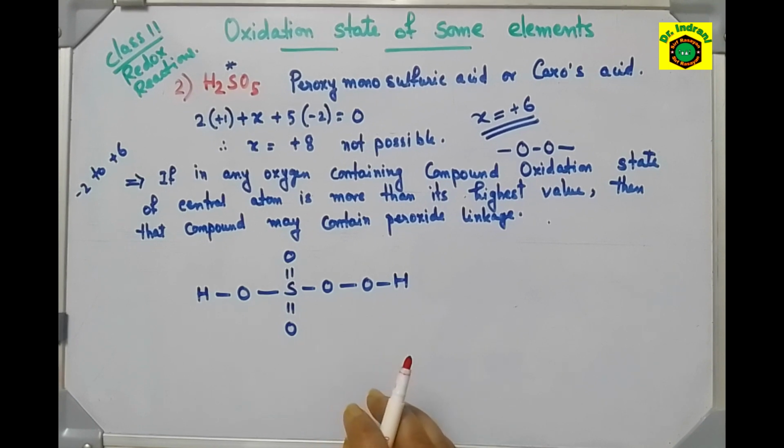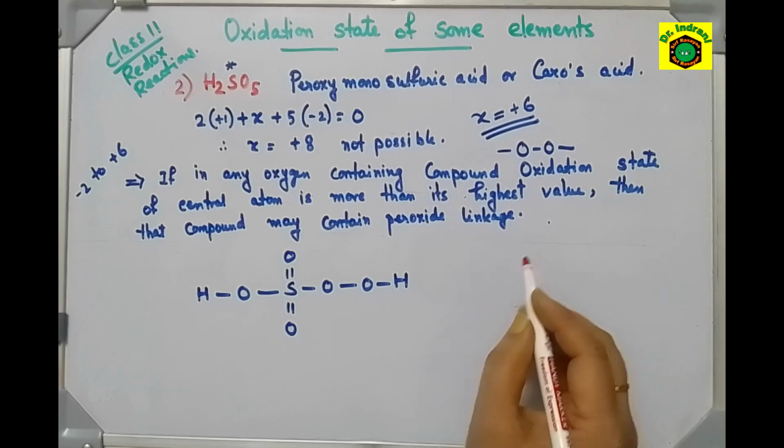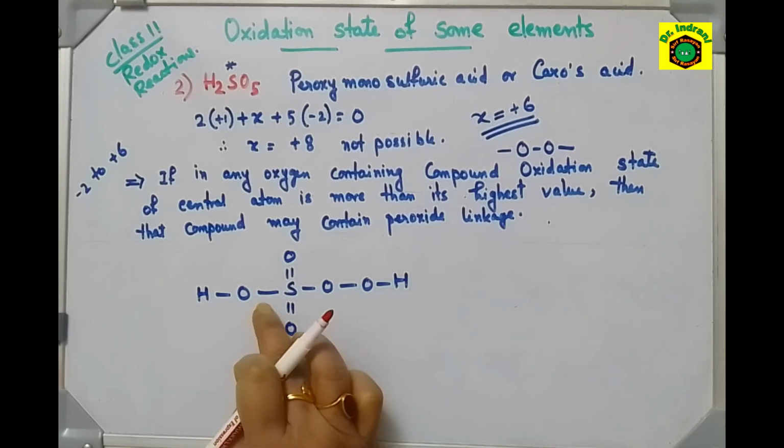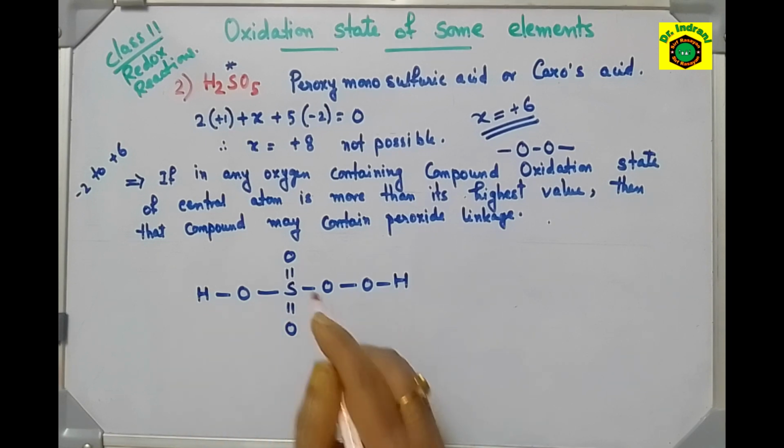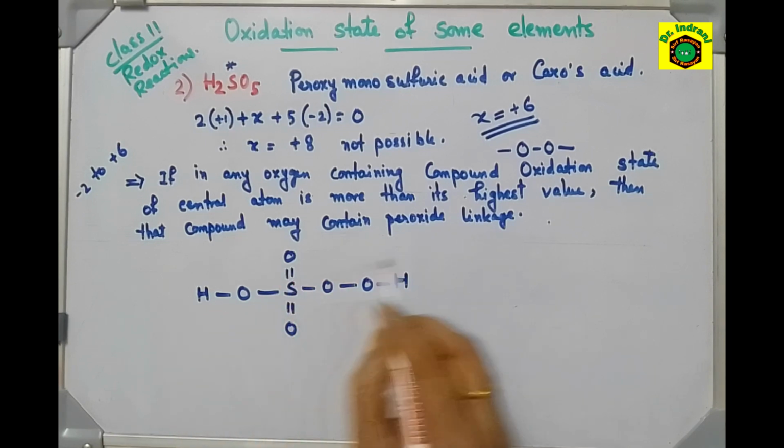Now another thing you have to remember, for a covalent bond, this is a covalent bond, this is a covalent bond, like that. Here two covalent bonds are there.